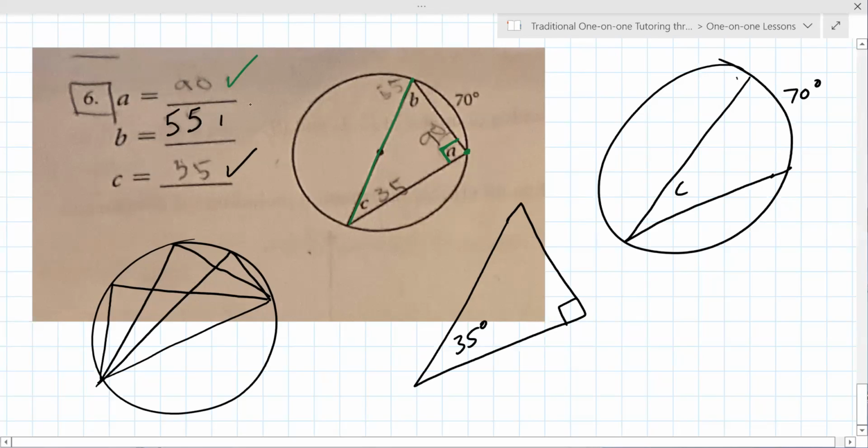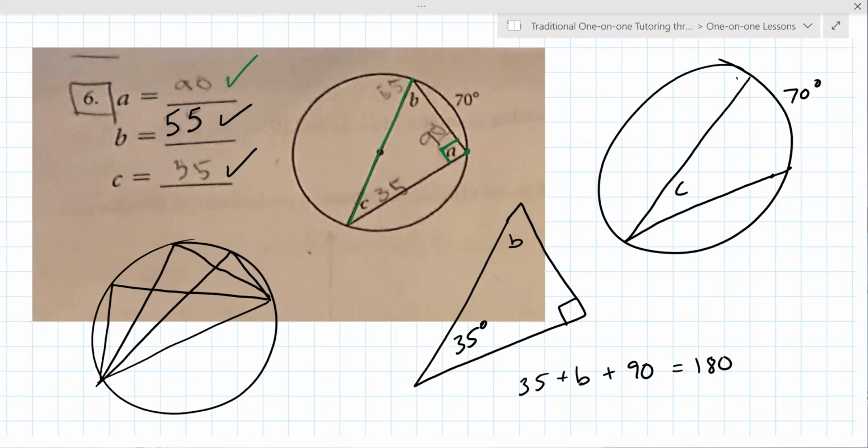I'd know that it just has to equal up to 180, correct? That's right. So then I guess 35 plus 90 would be 125, and then 55 would be needed. Wait, I'm trying to do it mentally here, but you got it right.